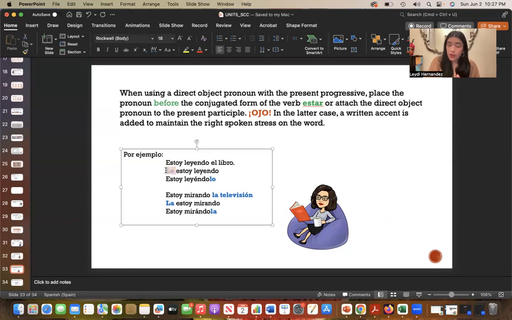I use lo because libro is masculine singular. Now, estoy mirando la televisión. We have two verbs, so that means we have two options. We can put my direct object pronoun right before the conjugated verb, or just attach it at the end of the second verb. Estoy mirándola.